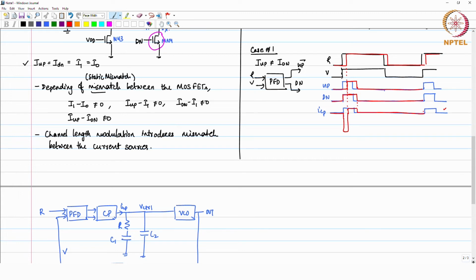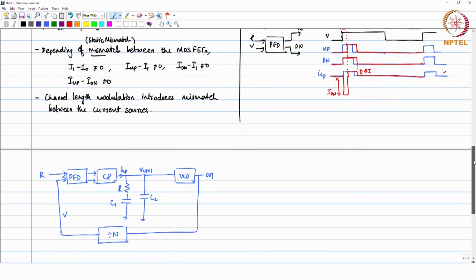This T offset is created by the PLL loop, and it is done in such a way that this current, which you are seeing as I down, and this delta I current, give an average current to the loop filter which is 0. So that in a steady state you do not have any change in the frequency.